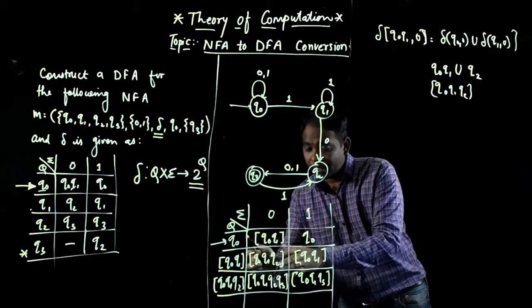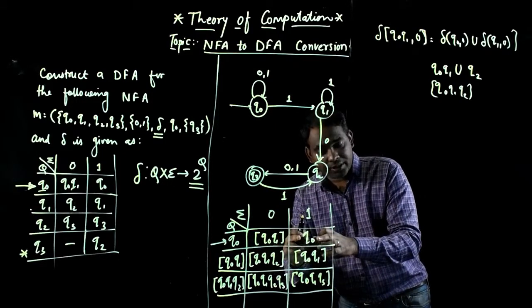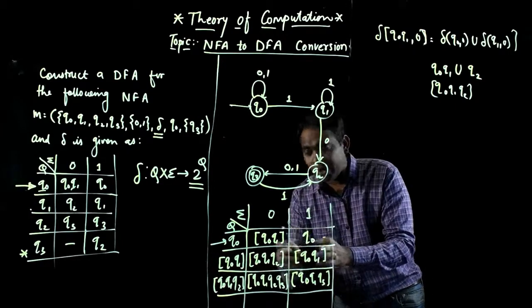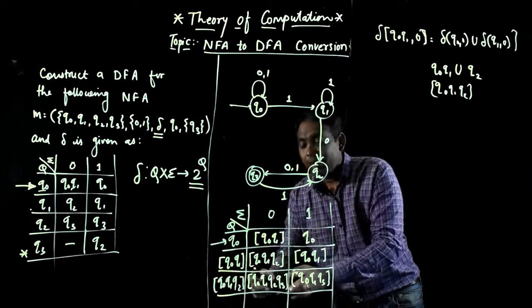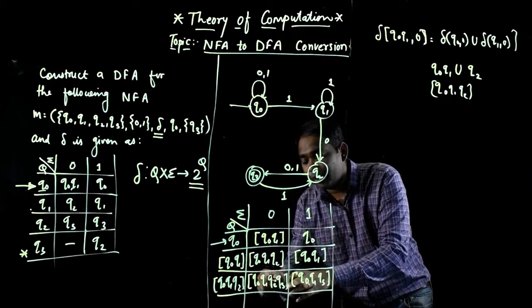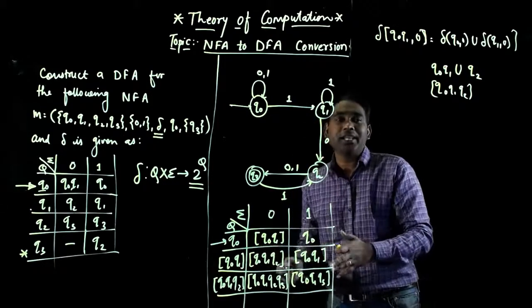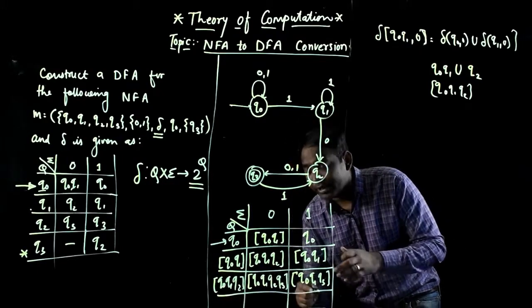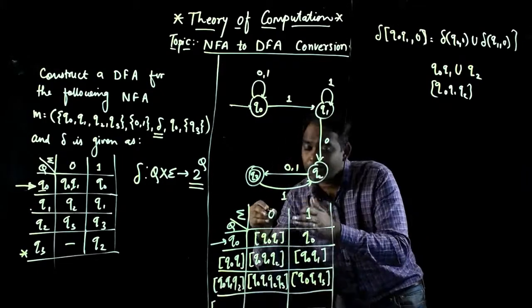So here I have finished this. Q0, Q1, Q2 has already been considered, and Q0, Q1 is already there. Now for the state Q0, Q1, Q2 and Q3, I am going to find the transition on 0 and 1.